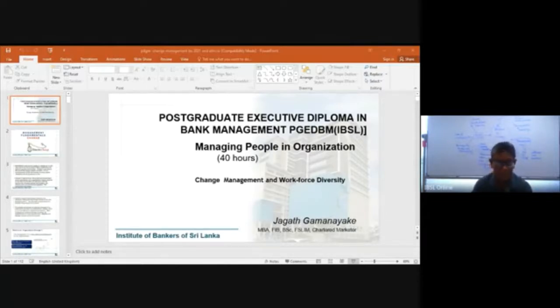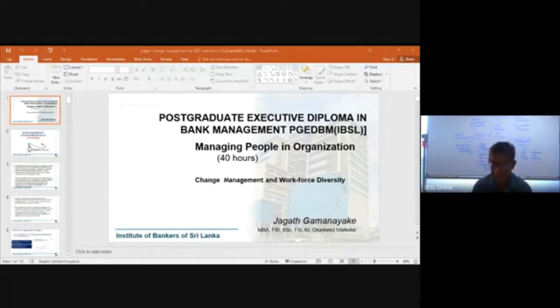Why do we call it three-stage? Unfreeze, change, refreeze. I'll explain, don't worry. This was developed by Kurt Lewin in the 1950s. He argued that for change to occur successfully, the organization needs to progress through these stages.